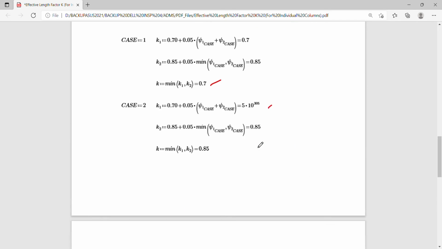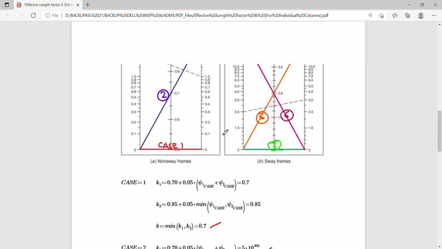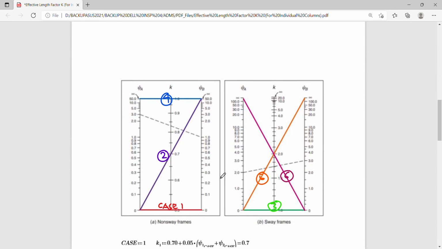Hence, the value of k will be determined by the second formula, upon which we only take the minimum value for psi of the 0. Okay, the value of psi, which is 0 here as reflected on the table.